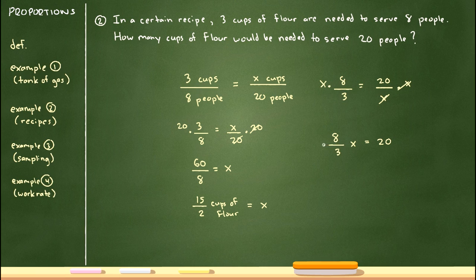So I'll go ahead and do it like that, because we need to move the 3 over here. So we get 8x is equal to 60. And lastly, division by 8. You see we're going to get the same thing, 60 over 8, right? So x is equal to, and we know 60 over 8 reduces to 15 over 2. And again, we know this is cups of flour.